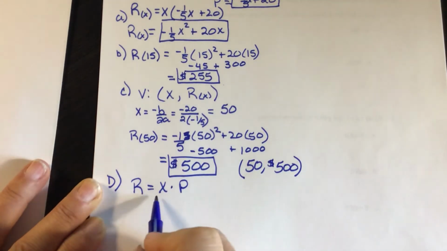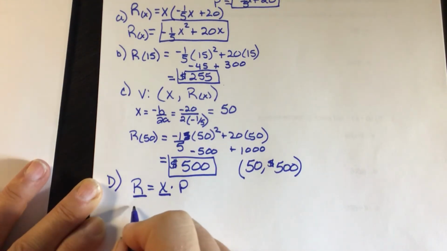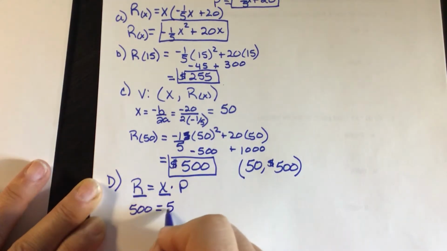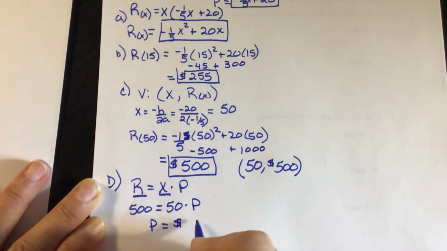And I'm going to plug those in for those values and solve for P. So my maximum revenue was 500, and that equals 50 times P. So the price for each item is $10.